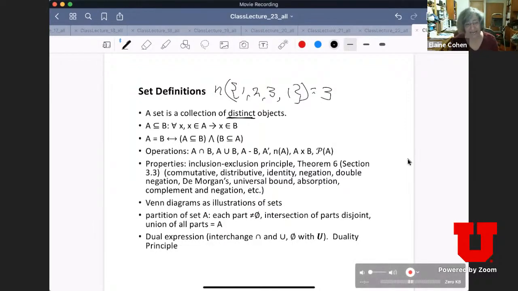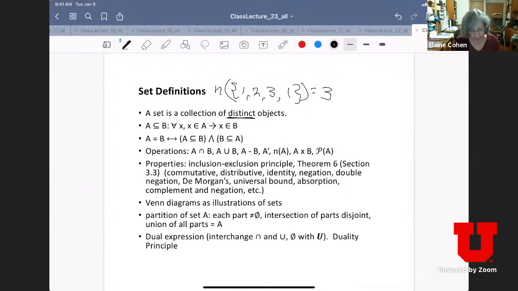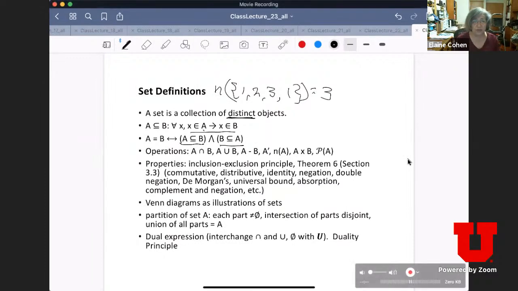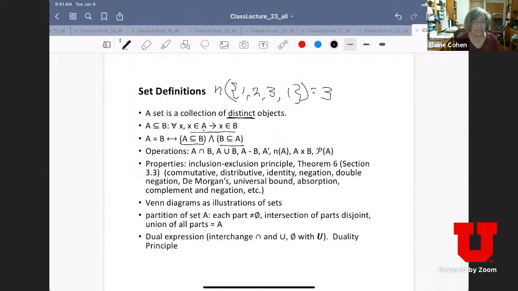For a set A to be contained in another set B, it means that for all the x's that are in A, they're also in B. That implication has to be true if one is a subset of another. For two sets to be equal, you have to prove that they're each a subset of the other. When you're proving sets are equal, you're doing 2 proofs.